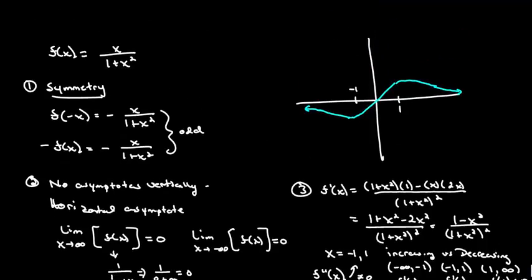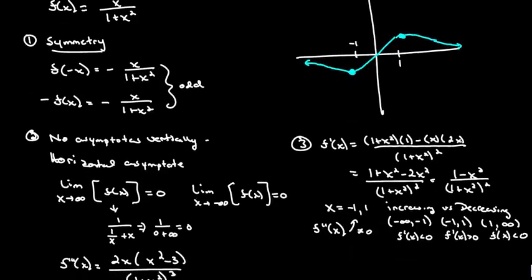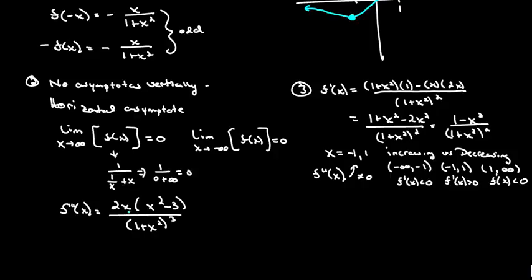So f double prime of x evaluated at these two guys is not 0, which means that they are minimums or maximums. Now it's pretty clear that this is a minimum, this is a maximum, but how do we check it? Well, if we take -1 and plug it into here, we get a negative number out. So that means f double prime at -1 is negative, which means, oh, hang on, did I just say that right? Yeah, it's positive.